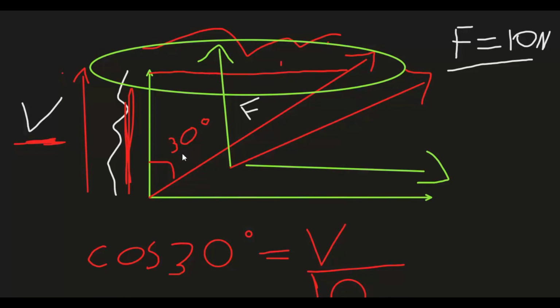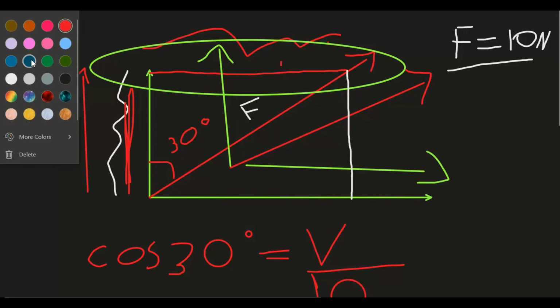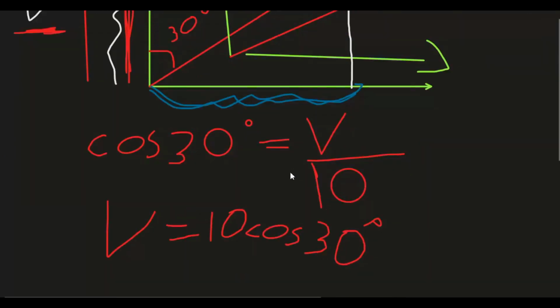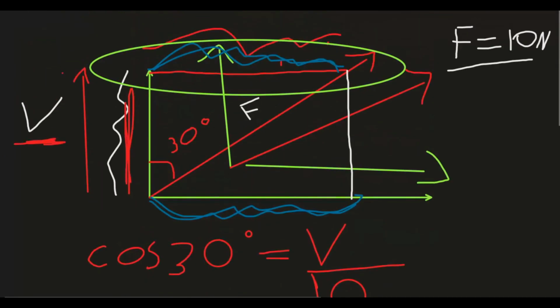If I complete this triangle, in blue for example, I can say that this distance is equal to this distance, or this magnitude, that's the correct term, this magnitude equals this magnitude. Alright, pretty simple.